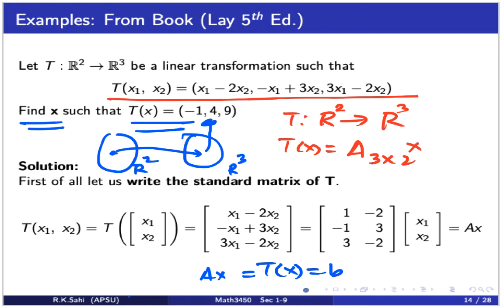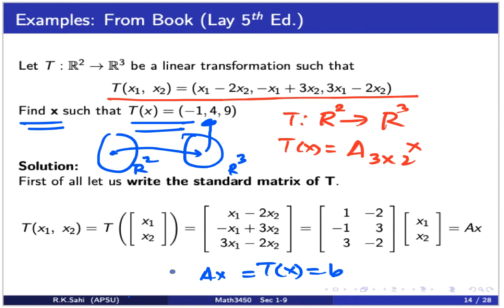In other words, we are doing what? We are doing section 1.2, applying the row reduction algorithm to find the x. That's what you're basically doing. Remember, it's all different types. We are basically going every time back to applying the row reduction algorithm.